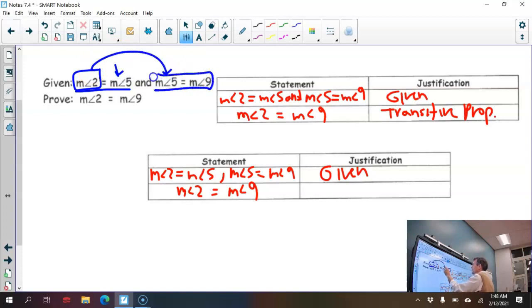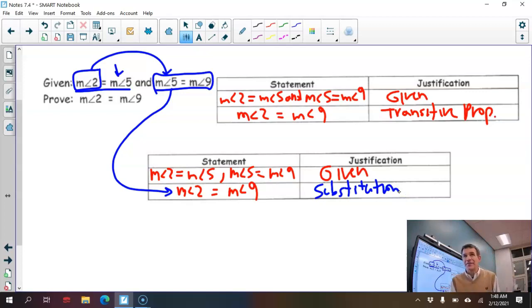And so I'm going to rewrite this sentence, but I'm going to make the substitution. And that would be the sentence if I make the substitution, wouldn't it? This could actually be done by substitution. And I use substitution a lot more often than I use the transitive property.